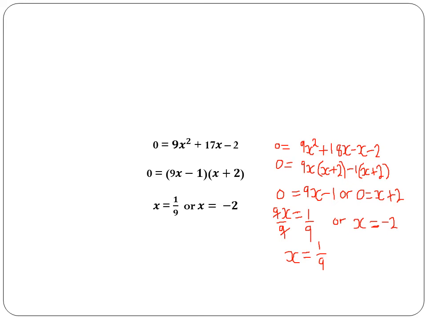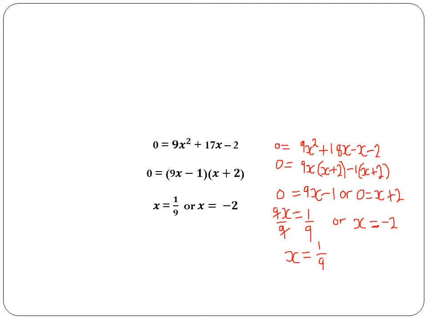So now we are going to find two numbers that when we multiply, we are going to have negative 18, and when we add those two numbers, we are going to have positive 17. So now the two numbers are 18 and negative 1, because 18 minus 1 will give us positive 17, and 18 multiplying negative 1 will give us negative 18.